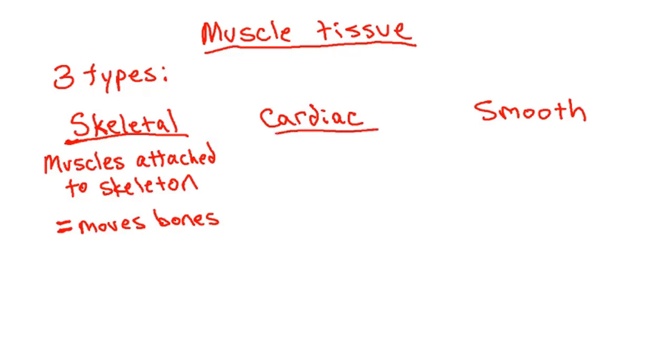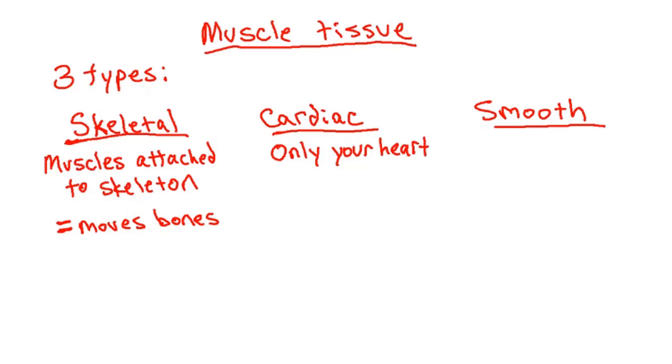Now the cardiac type of muscle tissue is only in your heart. And so that's obviously, your heart is a muscle, and so that's what this is, your cardiac muscle tissue. Smooth muscle tissue now.